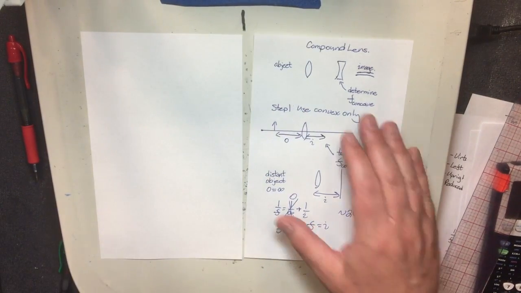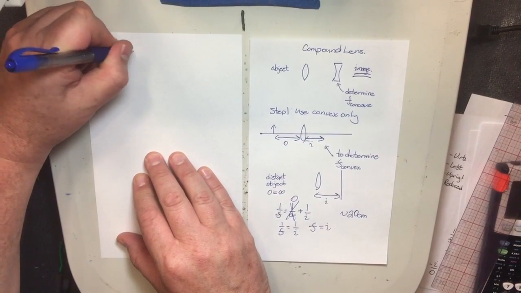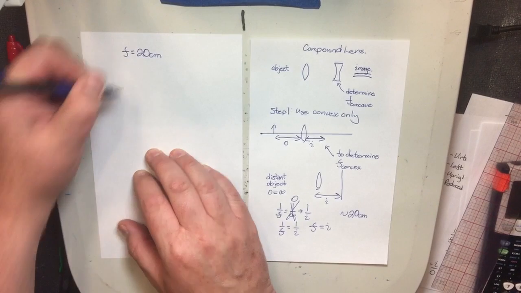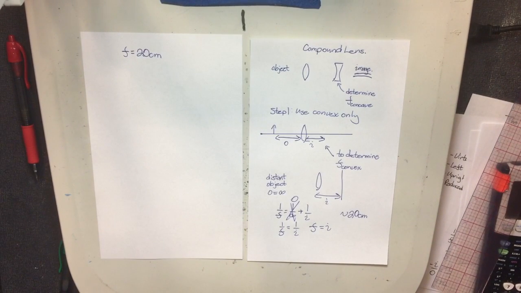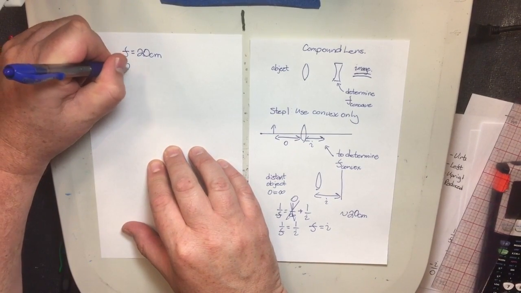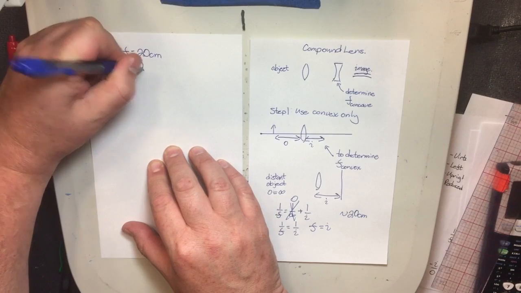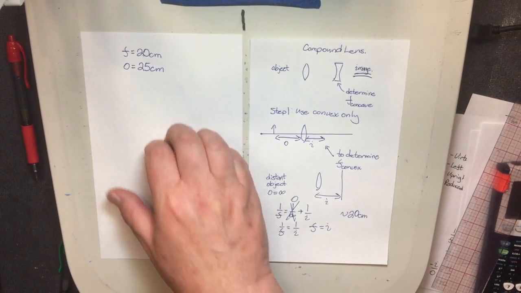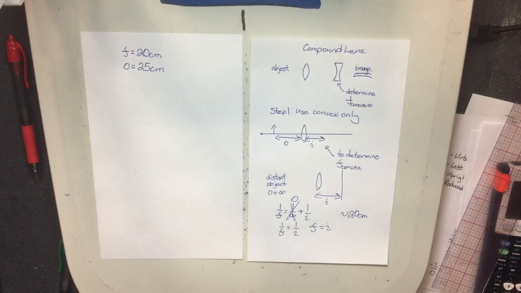Let's say, for the sake of argument, that f of the convex lens is 20 centimeters, and I need an object distance of 25 centimeters. You're going to need a real image coming out of this lens in order for this to work.